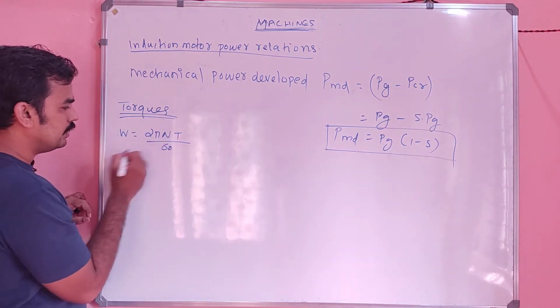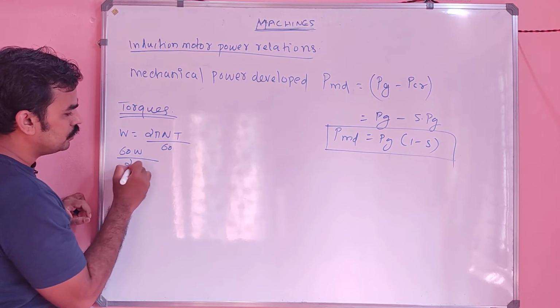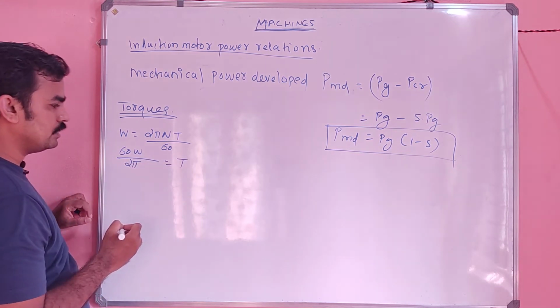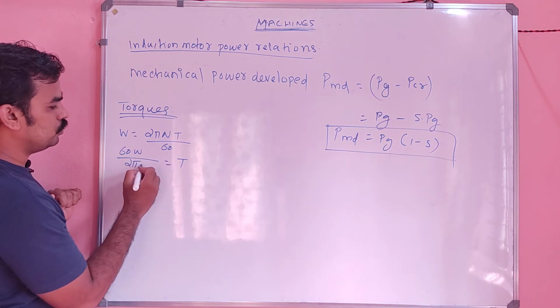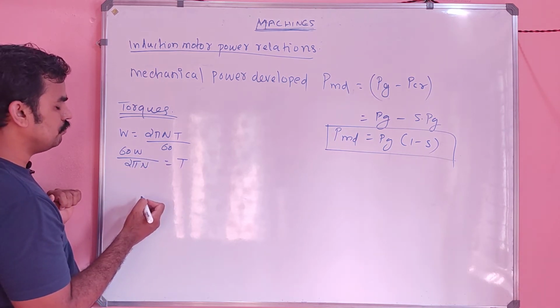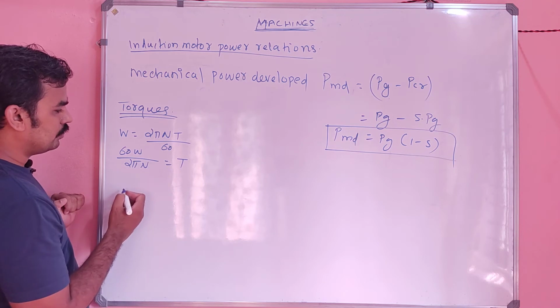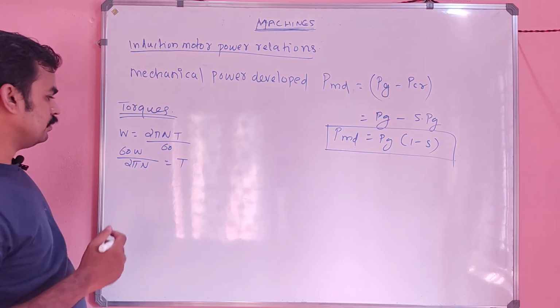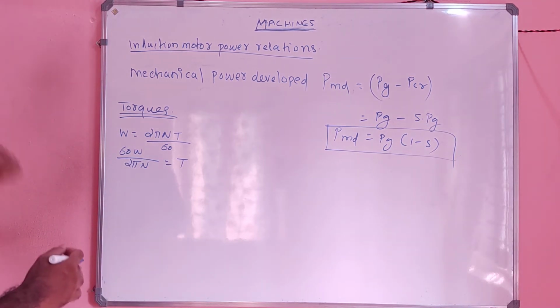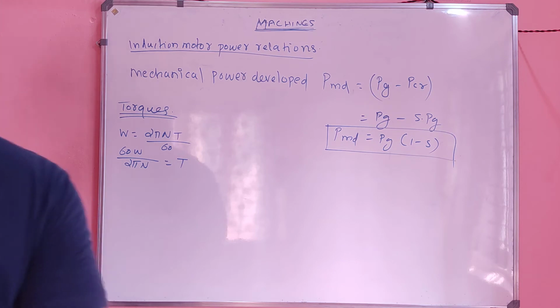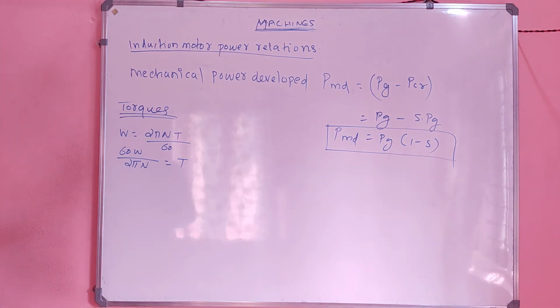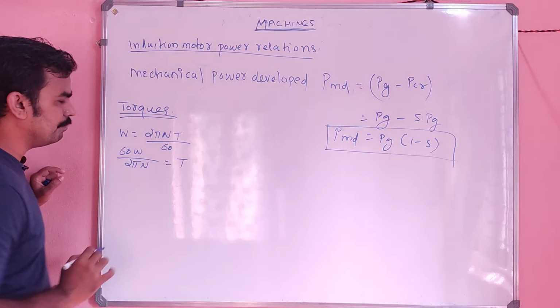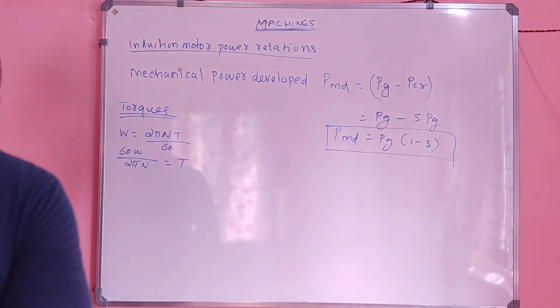Then 60 into omega divided by 2 pi is equal to N. Correct? So N is equal to 60 into omega divided by 2 pi.